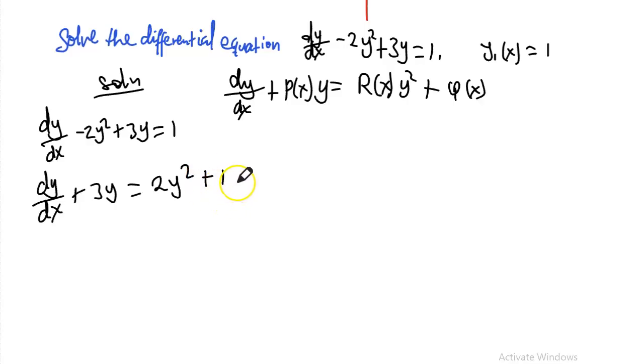So this equation that you can see here is in the same form as the given Riccati differential equation. Once you are able to do this, you proceed to reduce the given differential equation.